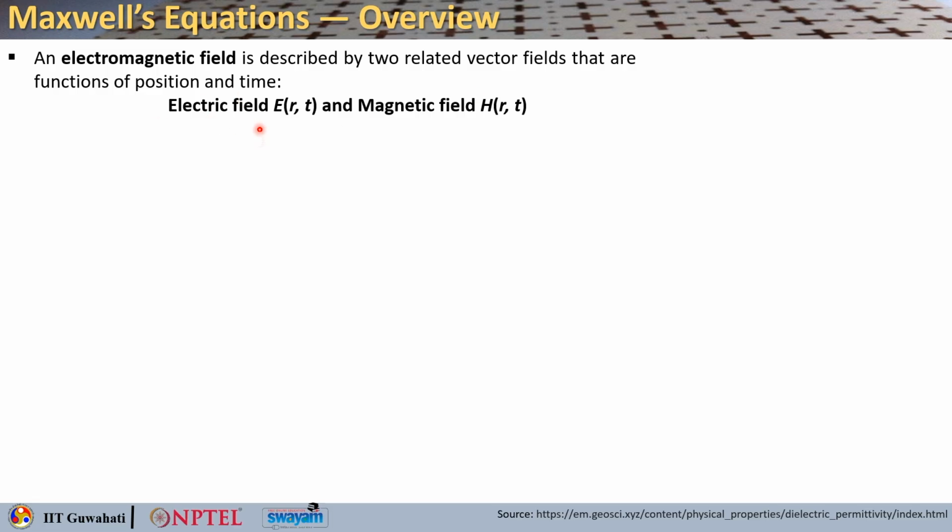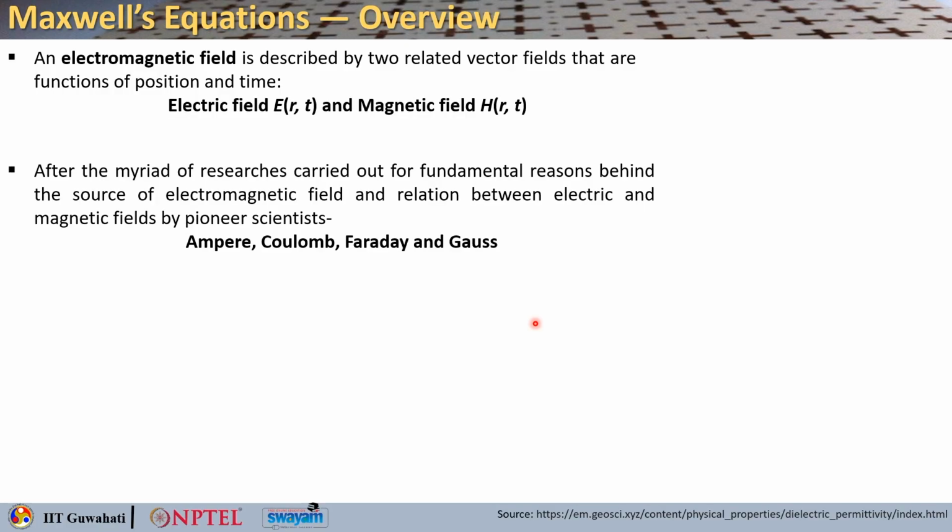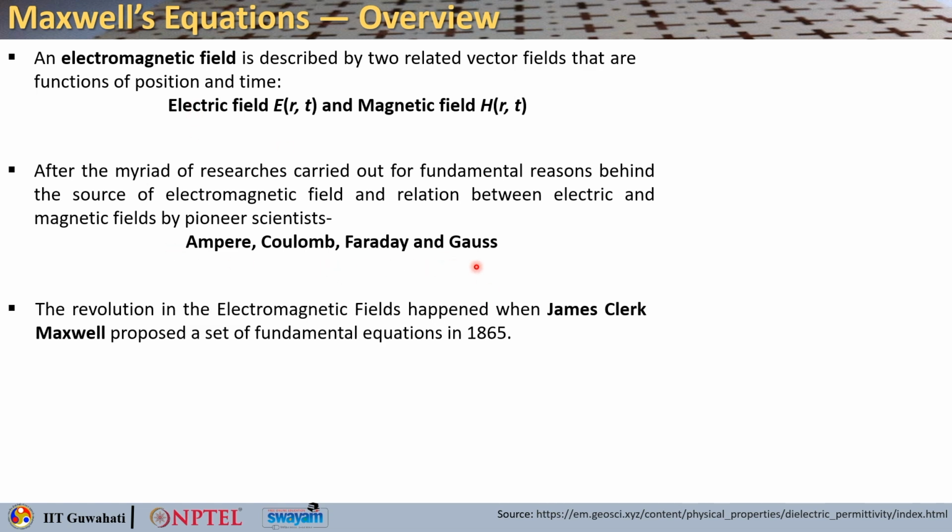You can write the electric field as E(r,t), the magnetic field as H(r,t). Maxwell's equations have not just come up like that. After the myriad of research carried out on the fundamental reasons behind the source of the electromagnetic field and the relationship between the electric and the magnetic field by pioneering scientists like Ampere, Coulomb, Faraday and Gauss, Maxwell was the one who combined those 4 equations to describe electromagnetic field behaviors.